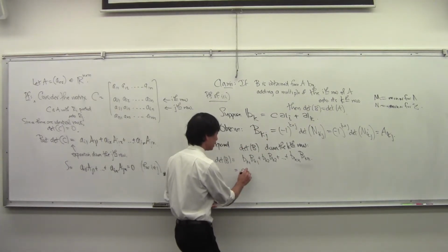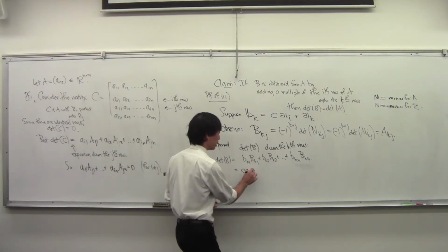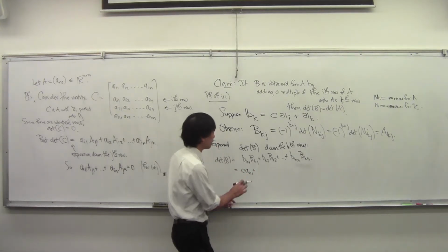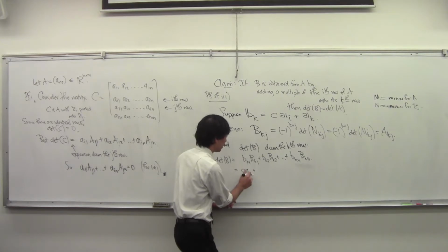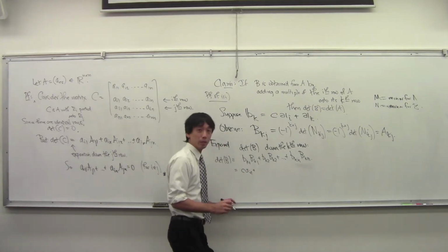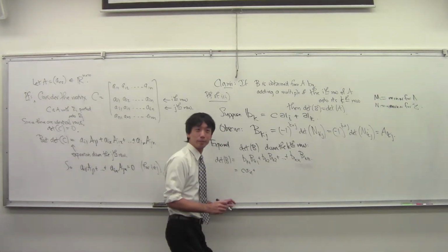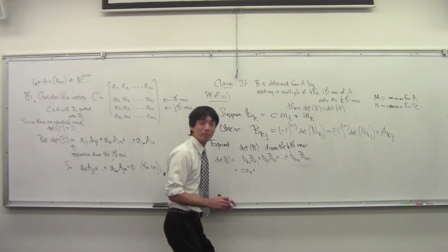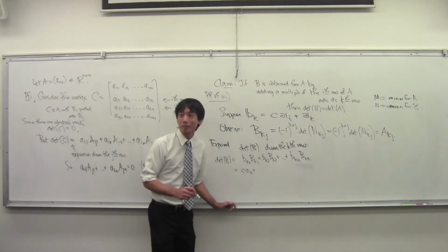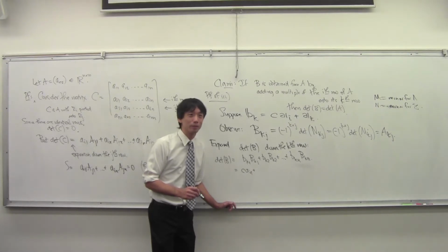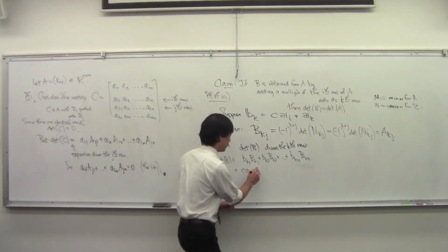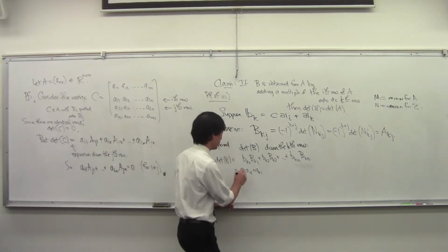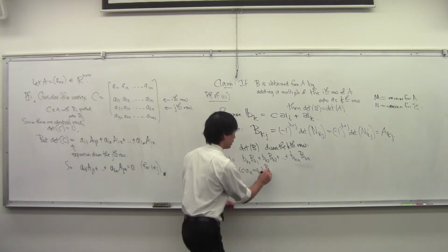It's going to be C times AI1 plus AK1. What's BK2?